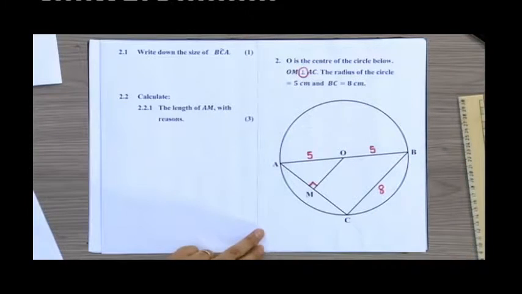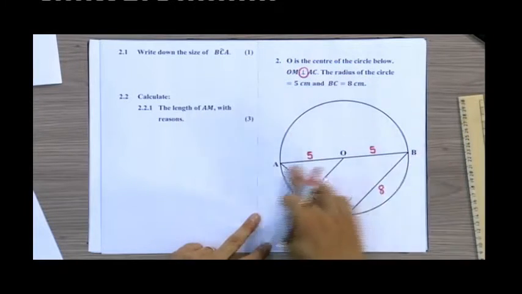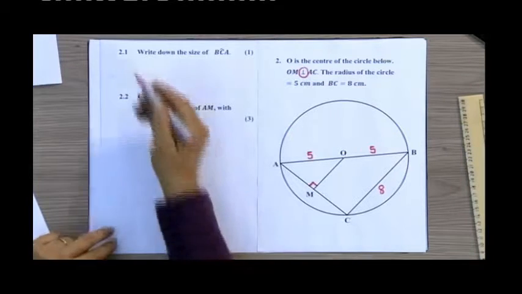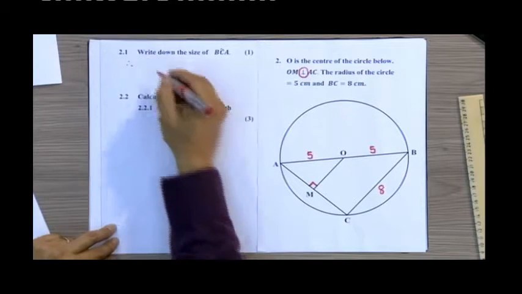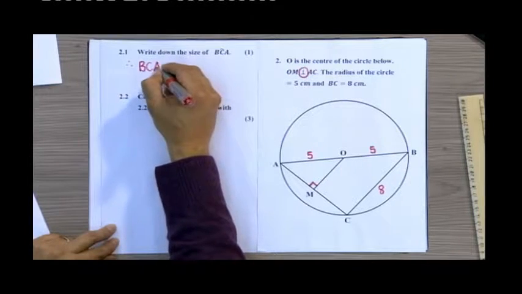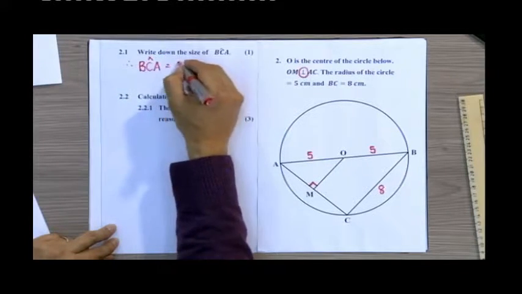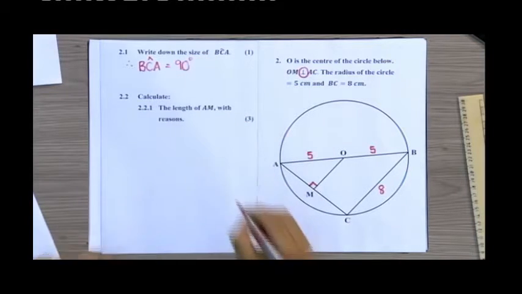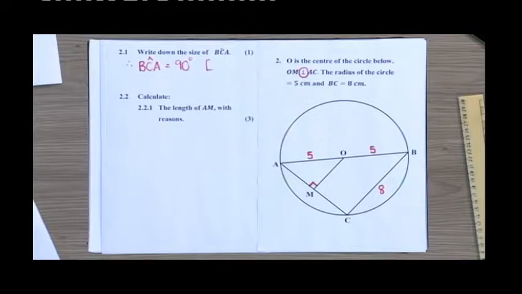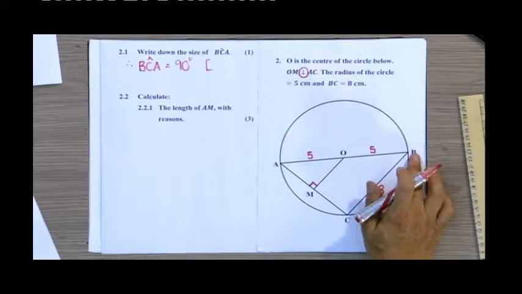And there's a theorem that states the angle on the circumference subtended by the diameter is equal to 90 degrees. So we can immediately say, therefore, angle BCA is equal to 90 degrees.